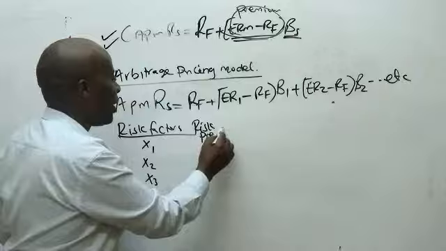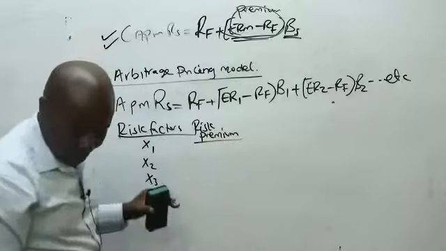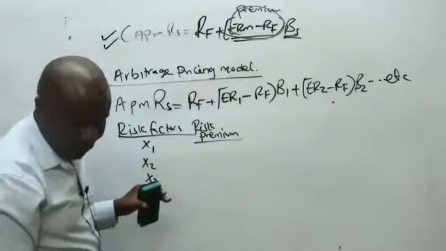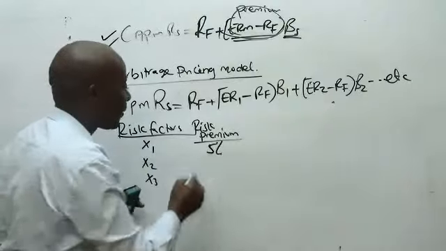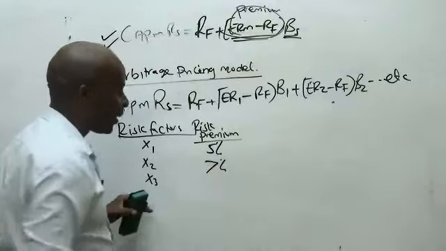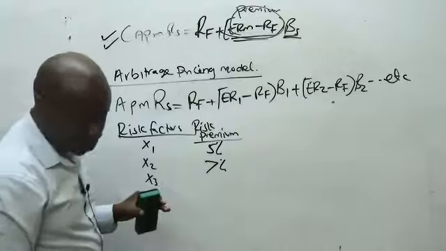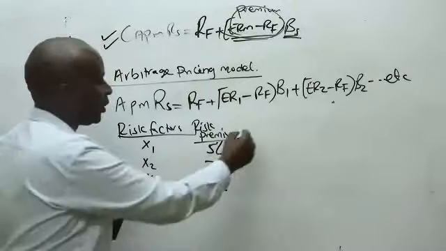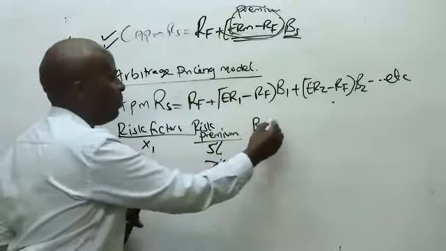For risk premiums, we have 5%, then 7%, and then 12%. And then we have the beta factors.